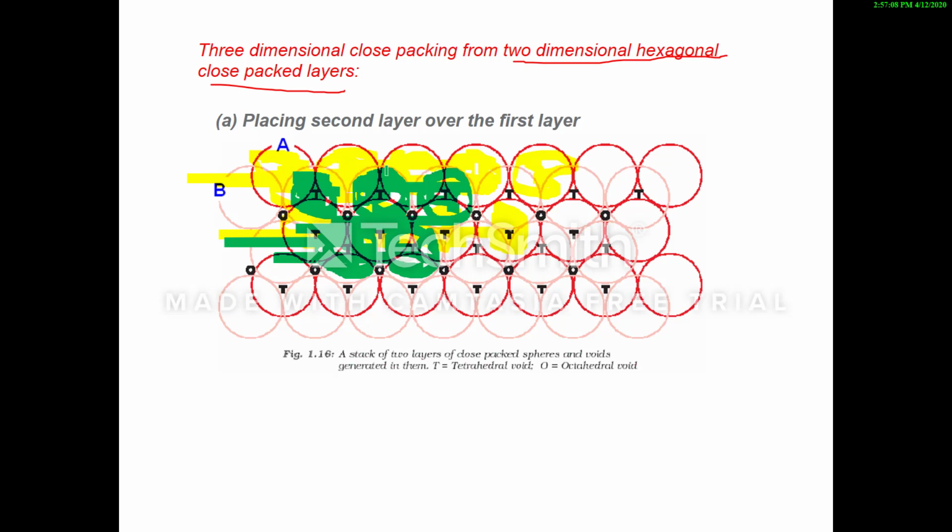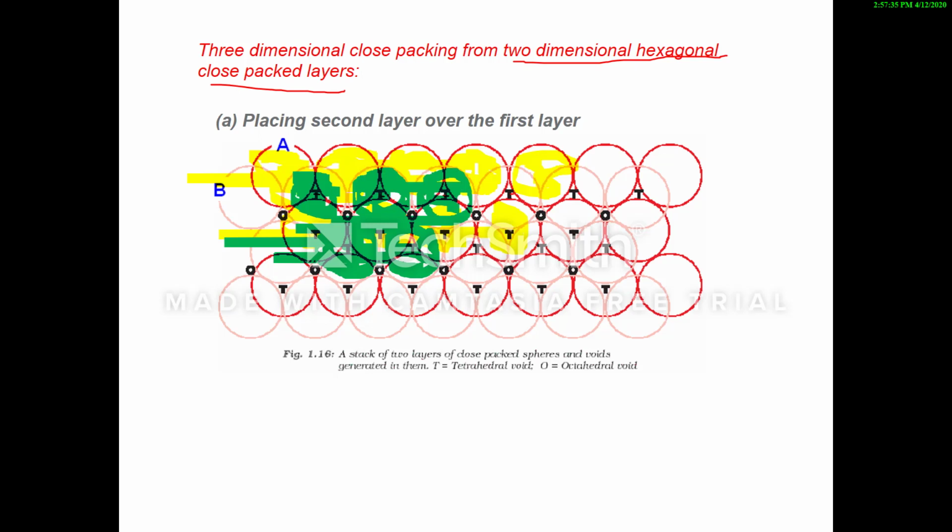Now see, this one which we are indicating by another color is a triangular void, this is a triangular void in the first layer. This triangular void is covered by the particle in the second layer. In the same way, this triangular void is also covered by a particle in the second layer.